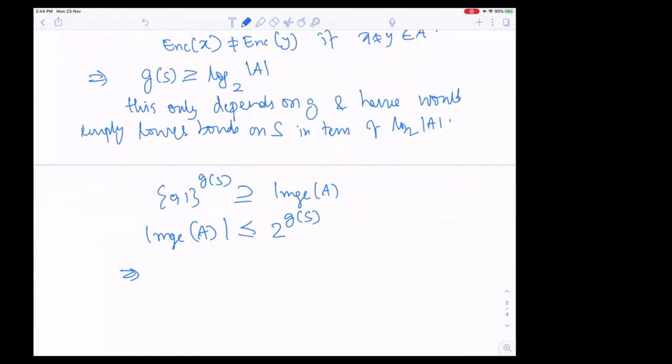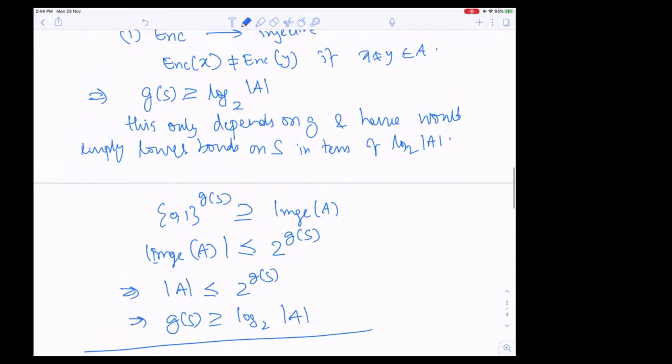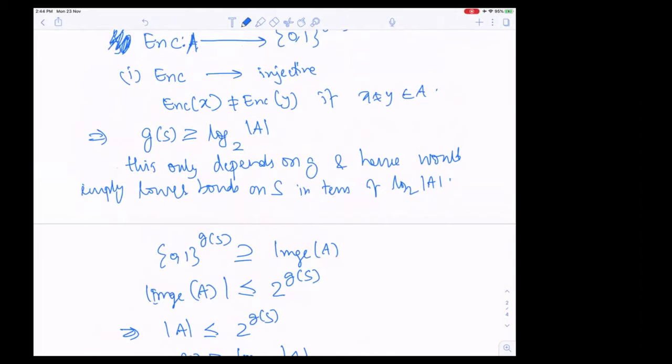And I know the size of the image of A is the size of A, which is less than or equal to 2^g(s), which implies that g(s) should be greater than or equal to log base 2 of |A|. So this is just a simple principle which follows from the injectivity of our encoding function.